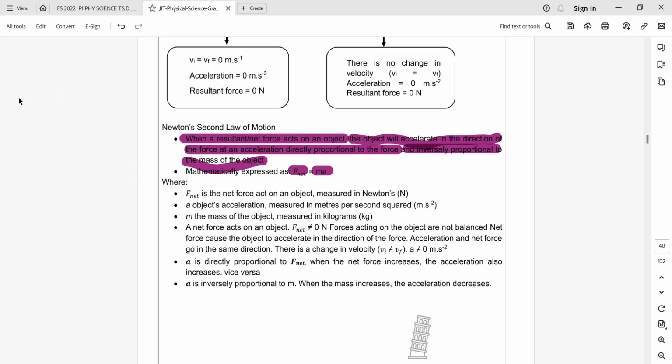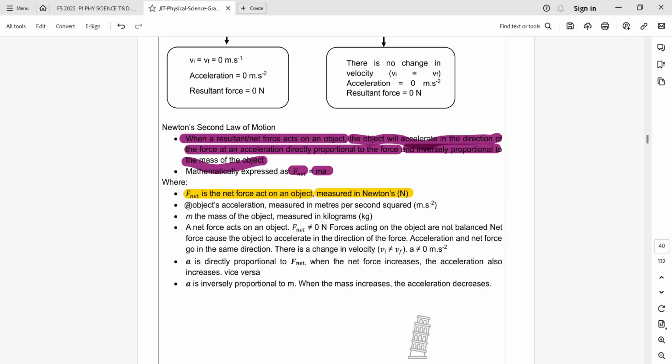Going further, what do we mean when we say F net, acceleration, and mass? F net is the net force acting on an object. It is measured in newtons, capital letter N, which is the SI unit.